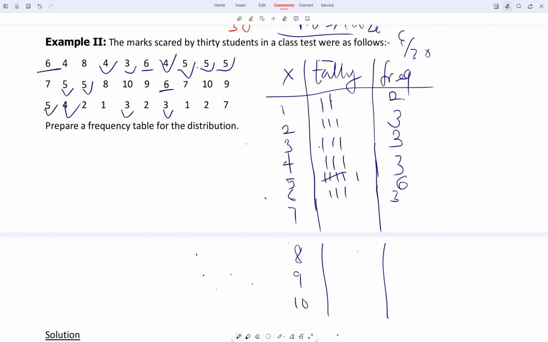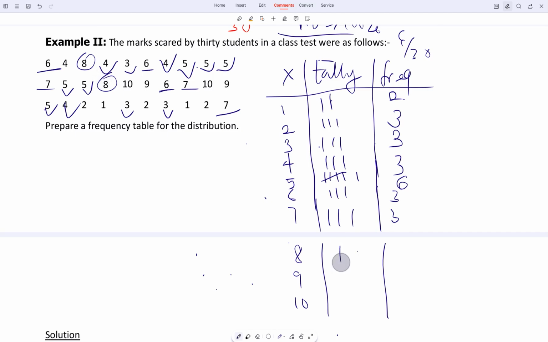Now 7 occurs how many times? 1, 2, 3. 7 occurs 3 times also. Then 8 occurs how many times? 1, 2. I think that's all there.